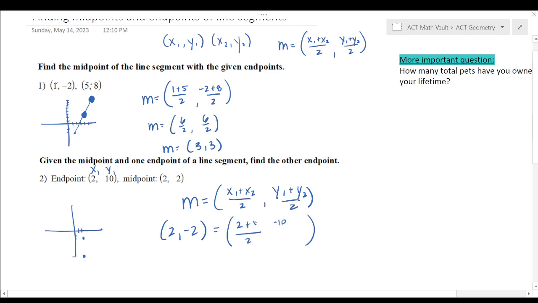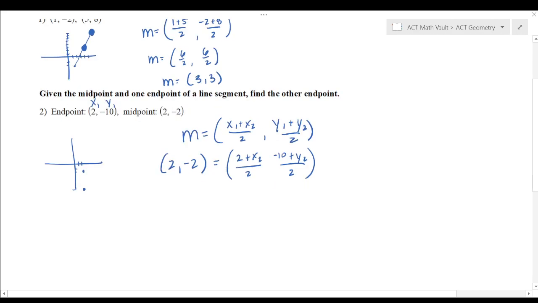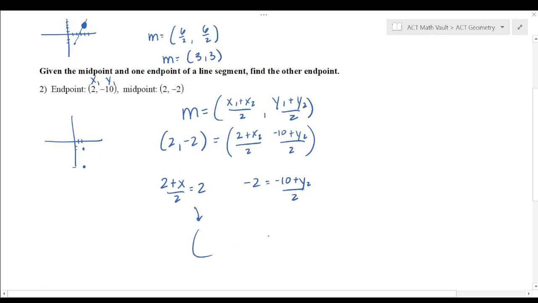And then we can just call the other parts, x2 and y2, the unknowns. So really I'm solving for, setting this equal to 2, setting this equal to -2. So I can do that as a separate step down here. Just 2 plus x over 2 equals 2, and then -2 equals -10 plus y2 over 2. This will help me solve for my xy pair of the other endpoint.